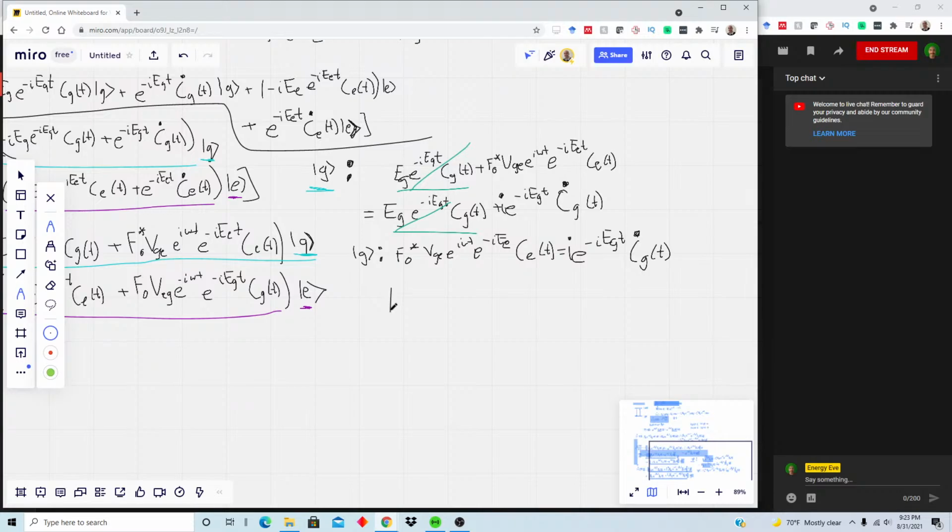And that's going to give us, if we flip the order, c_g, the time derivative of c_g, times i is equal to f0 v_ge, my apologies.